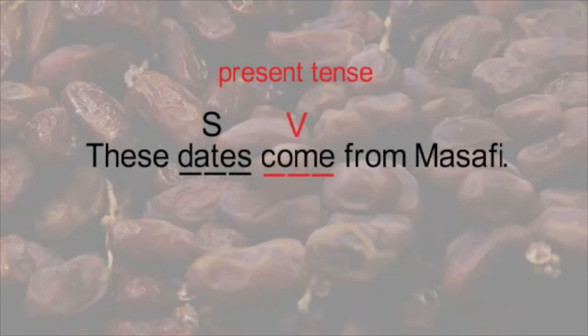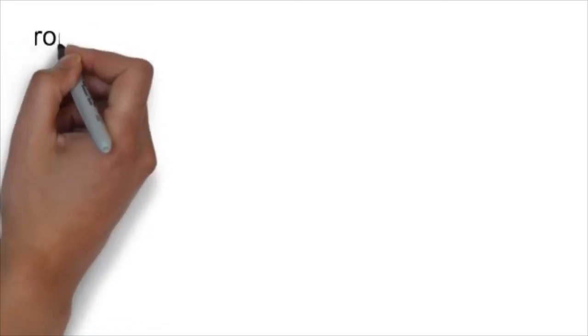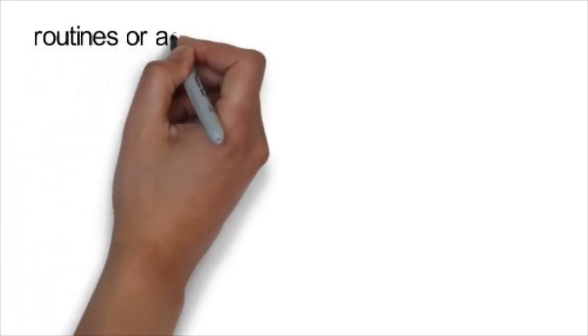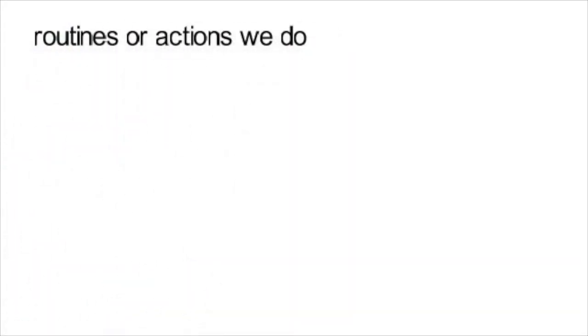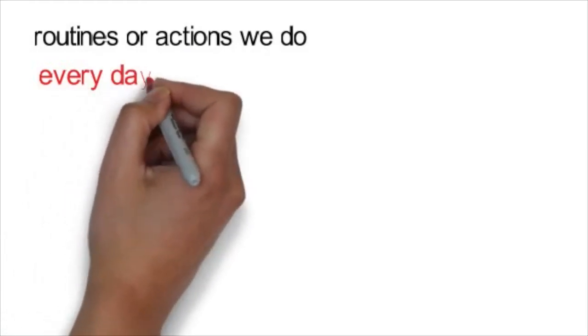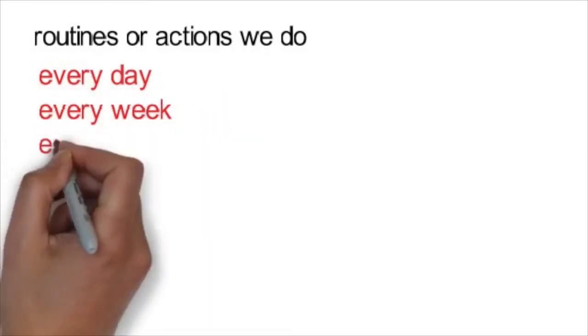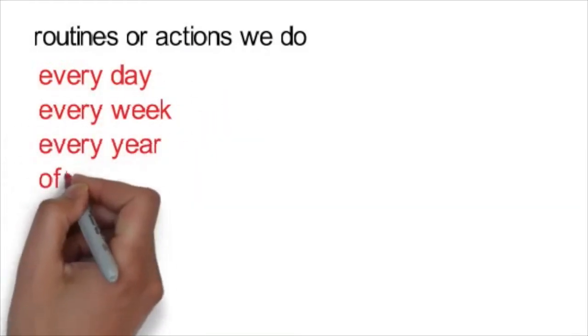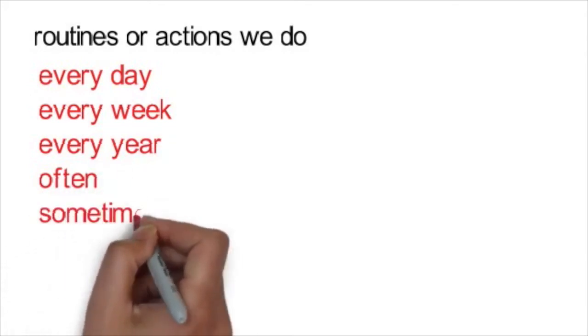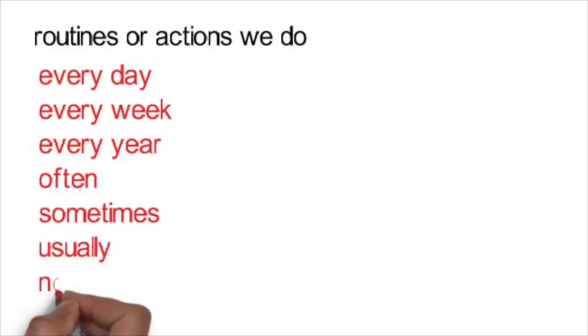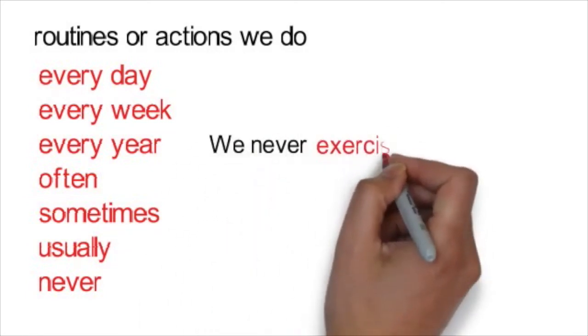Lastly, we use the present simple when we talk about routines or things that we do or don't do. Every day, every week, every year, often, sometimes, usually, or never. For example, we never exercise late at night.